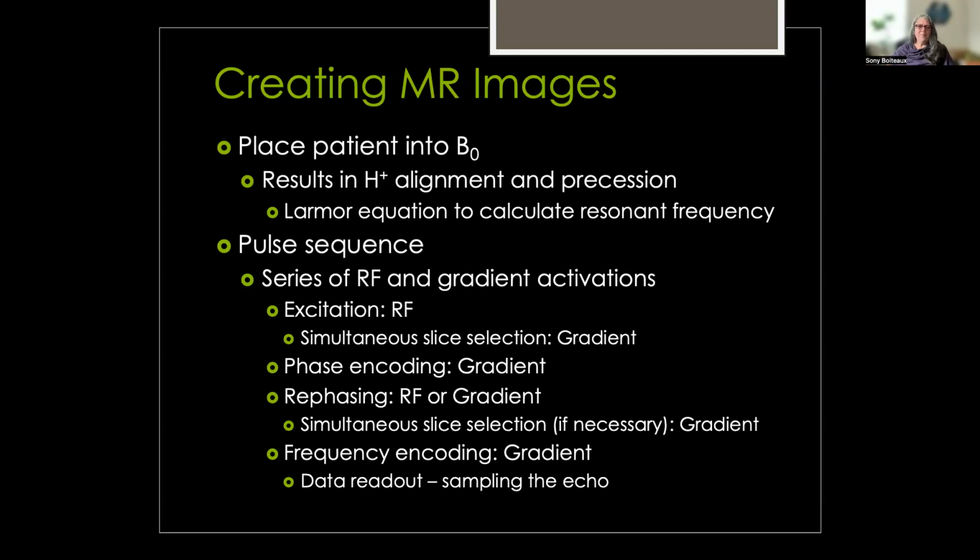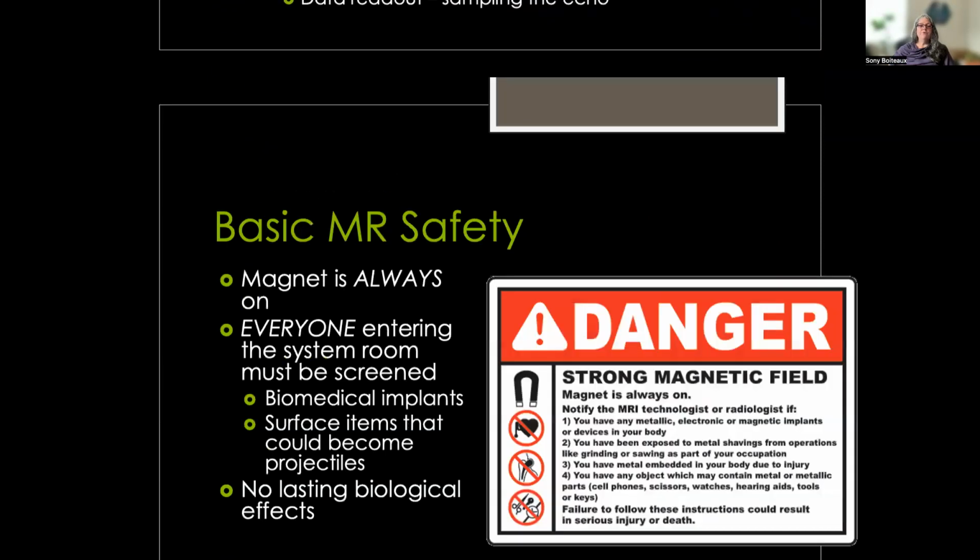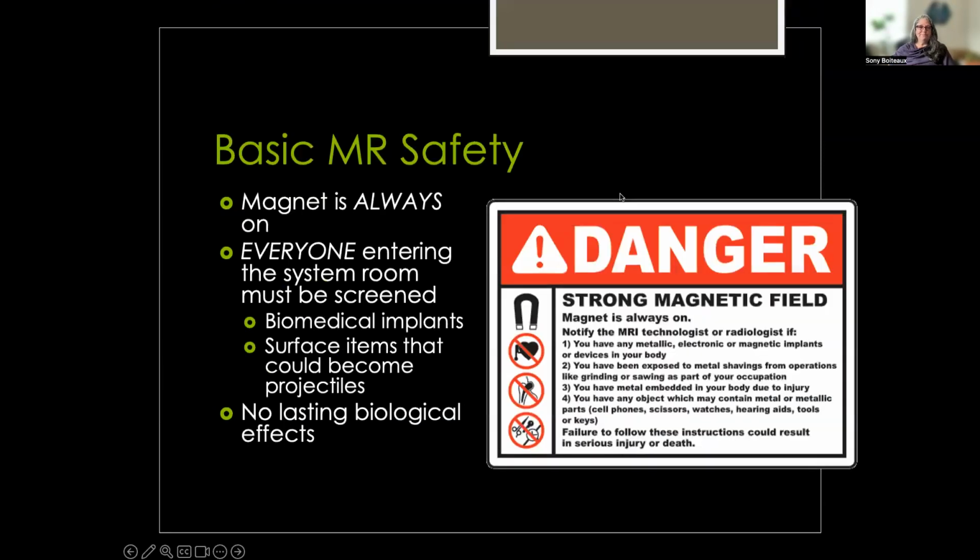That gets a little complex, so it's beyond the scope of our introduction here, but just know we're working with those three energy fields: the B0 field, or our main magnet, the radio frequency fields, and our gradient fields. And we use those to create the MR image.